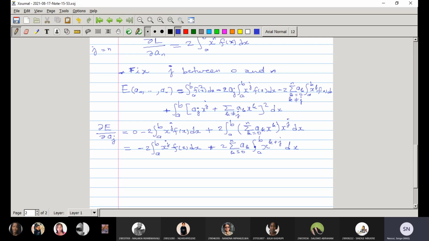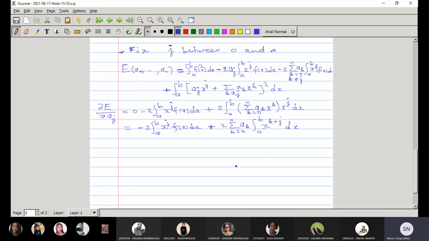They all depend on x, so I keep them there. Let me first copy the result there so that we can compare: 2 times summation k running from 0 to n ak into the integral from a to b x to the k plus j, or j plus k, dx.